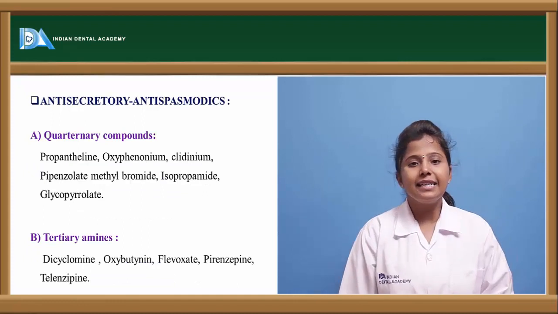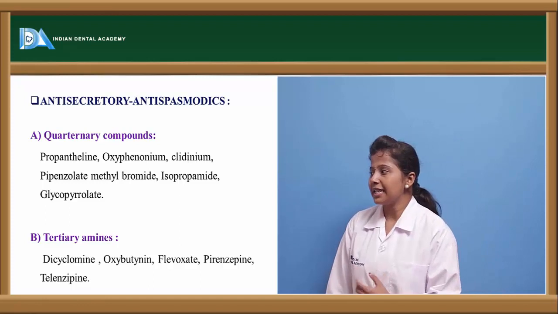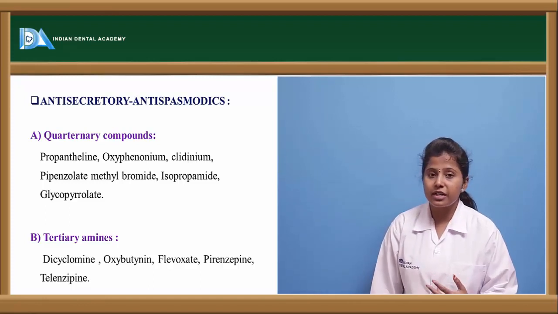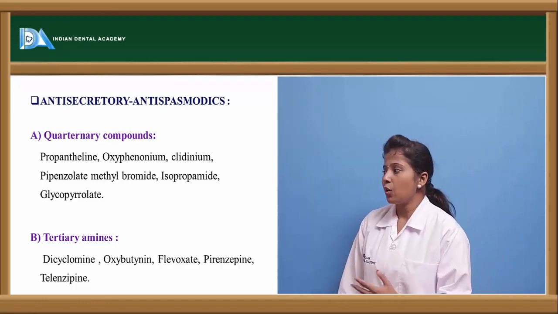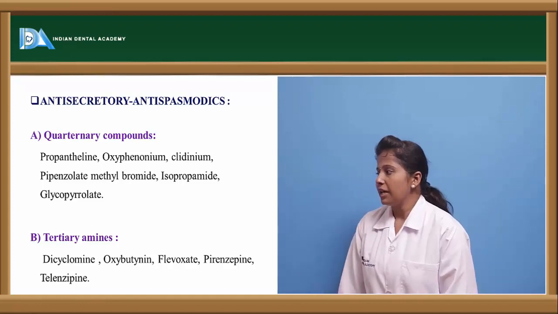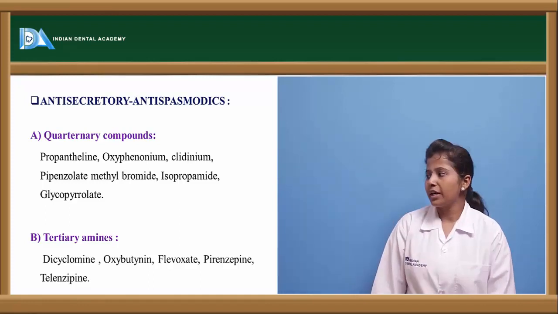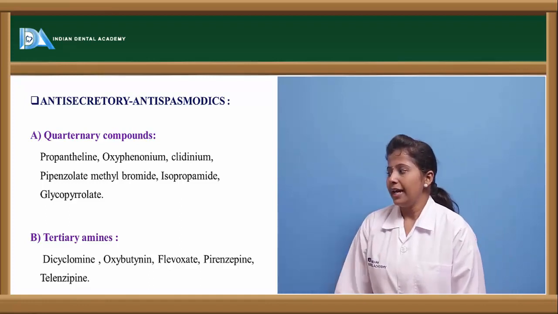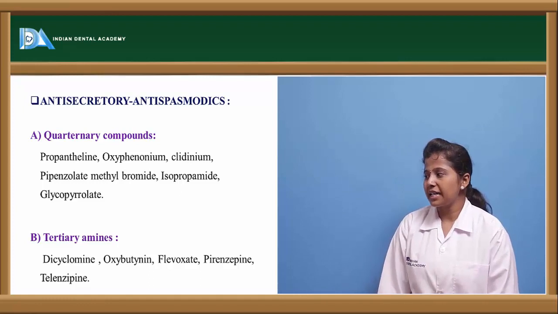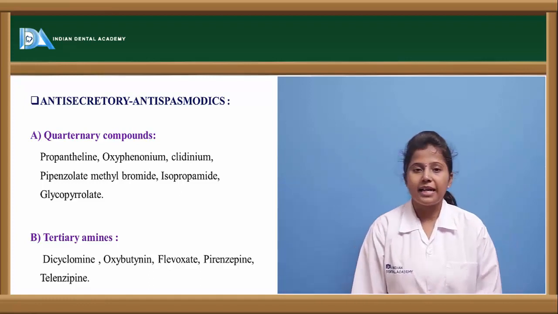There are anti-secretory as well as antispasmodic drugs also, which are further classified as quaternary compounds like propantheline, oxyphenonium, clidinium, bipenzolate methyl bromide, isopropamide, glycopyrrolate, and tertiary amines like dicyclomine, oxybutynin, flavoxate, pirenzepine and telenzepine.